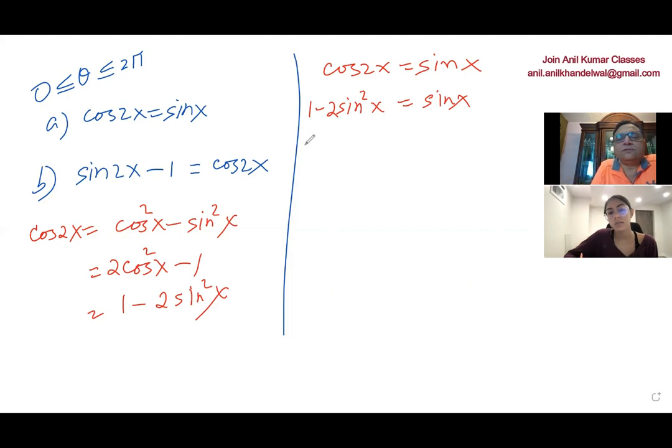Bring them all together: 2 sine squared x plus sine x minus 1 equals 0. Now you can factor this. We are looking to split this with minus 2 as the product, so it's 2 sine x.